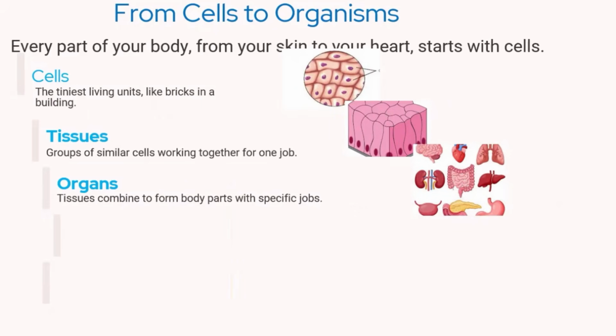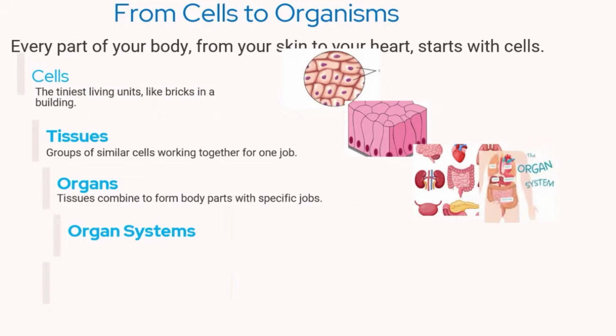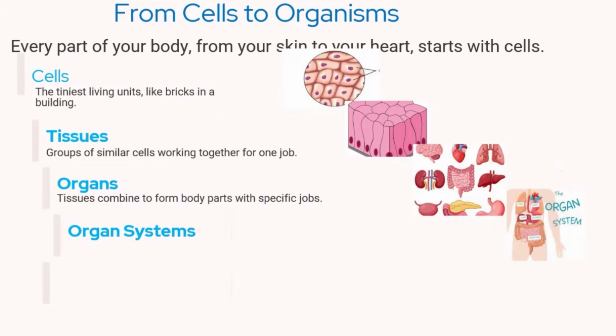And when these organs combine together, they form something called organ systems, like in this picture. Organ systems are organs working together to form a big system, like the circulatory system. For example, when I have the heart and blood vessels, they work together and form the circulatory system.